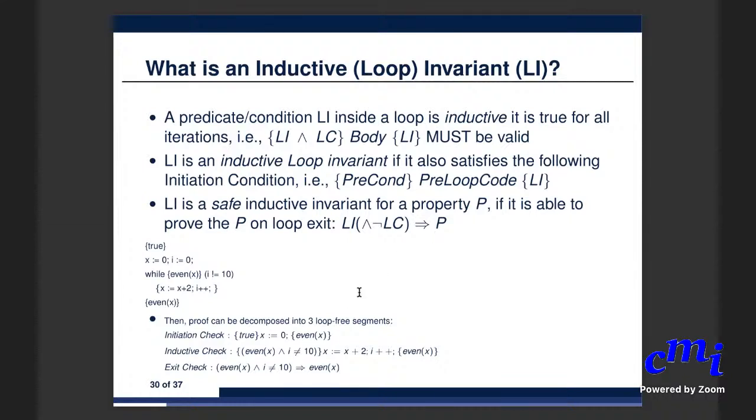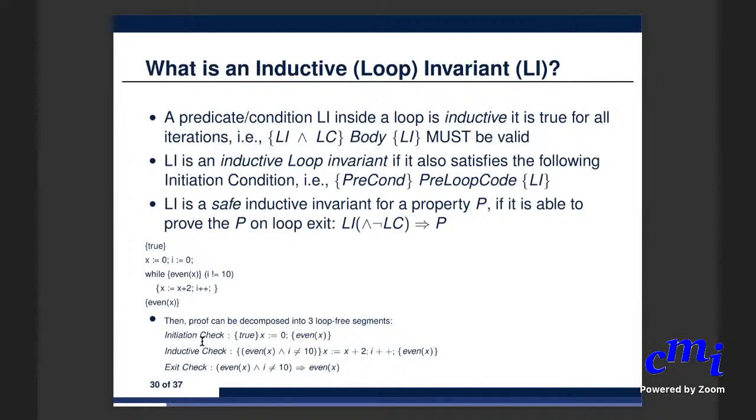The important thing is, once you propose this loop invariant predicate, you no longer need to unwind the loop. You can decompose the proof of correctness of the program with the loop into 3 loop-free segments.